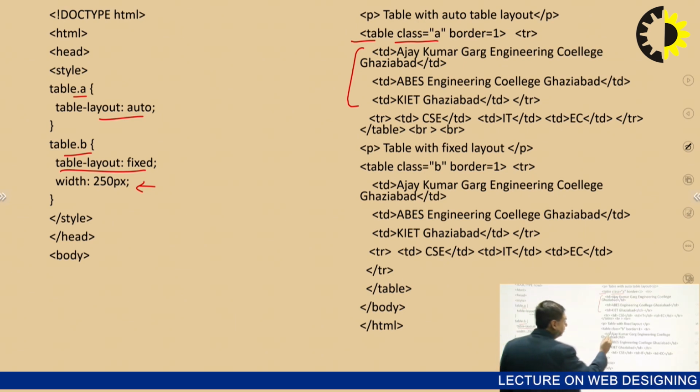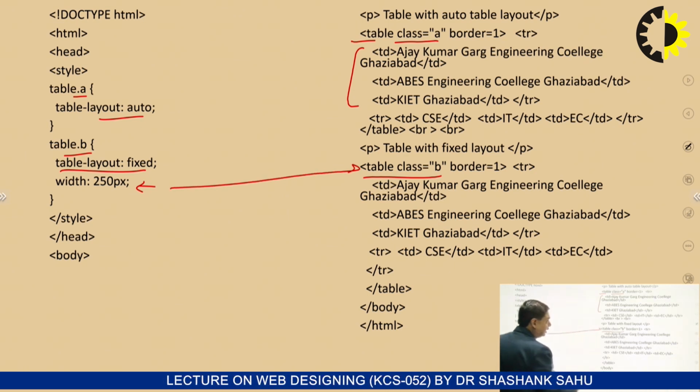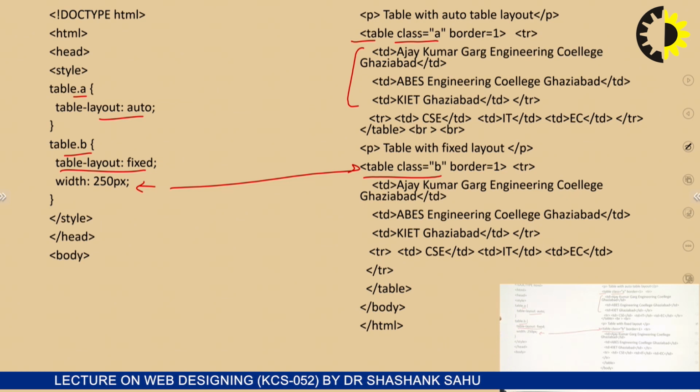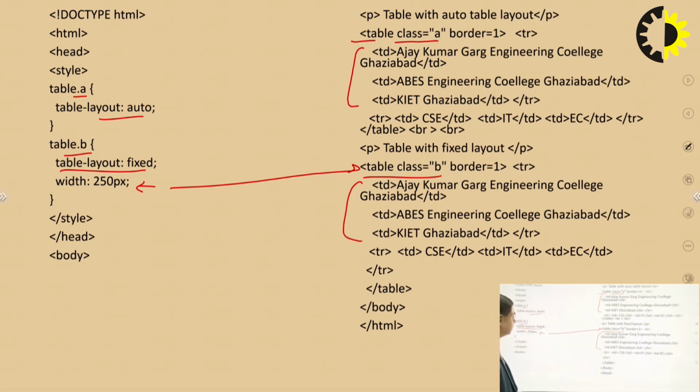When we fix the table width, that is B, 250 pixels here, it will take less time to download from the server because the width is known to the browser, and it will set all three cells to 250 pixels, and accordingly the content will be adjusted.